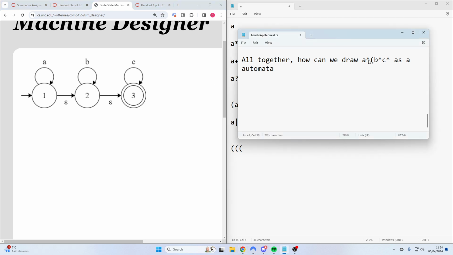And then we just need to make this last bit be able to loop itself. So after processing 0 more B's and 0 more C's, we have an option of restarting and going back to the start of here, which is the B bit. So we have the option of doing that.